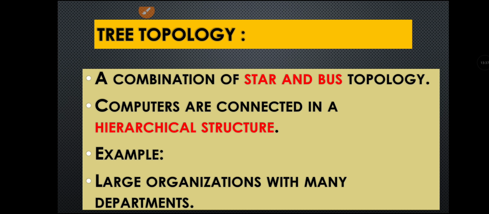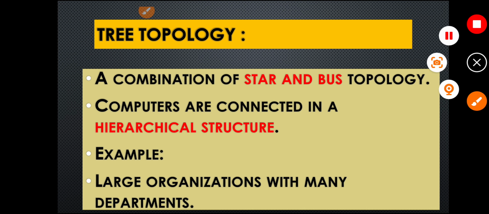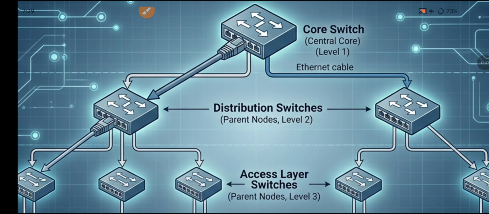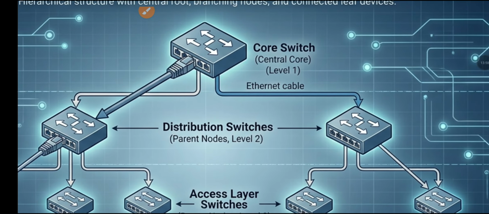So let's see the meaning. Here, a combination of star and bus topology. So in tree topology, what happened? There is a combination of star topology and bus topology. Here, computers are connected in a hierarchical structure. Hierarchical structure is nothing but there is a main switch, the core switch, and it divides into other subordinate switches.